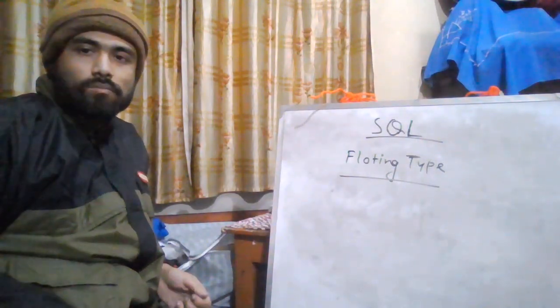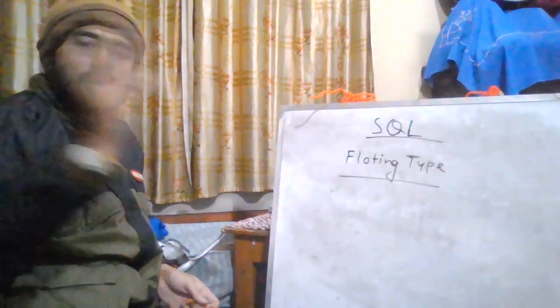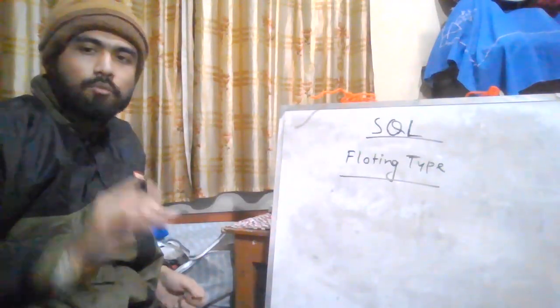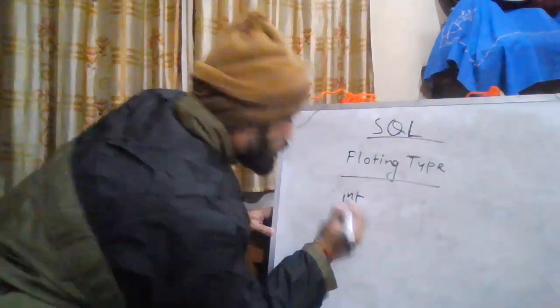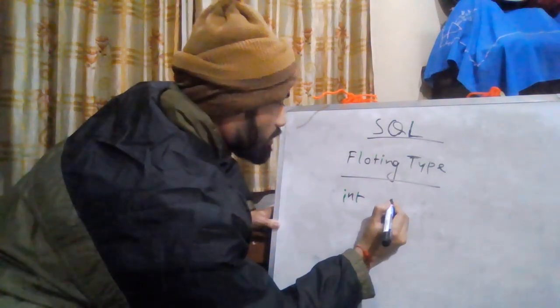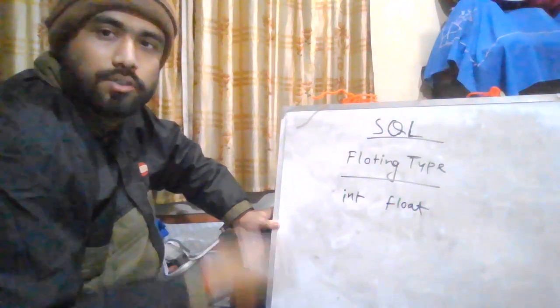In C, C++, Java, Python, when we define data type, for integer we write int, and for decimal type of data, we write float, isn't it? These are floating types.